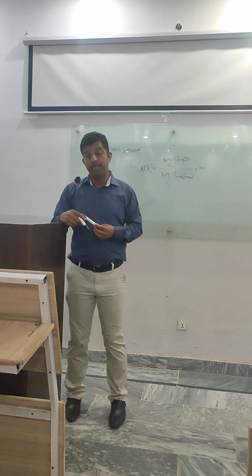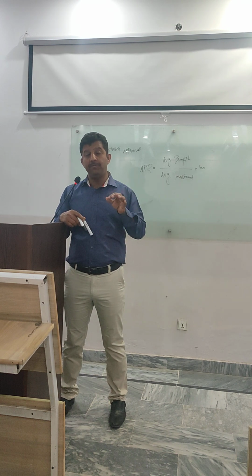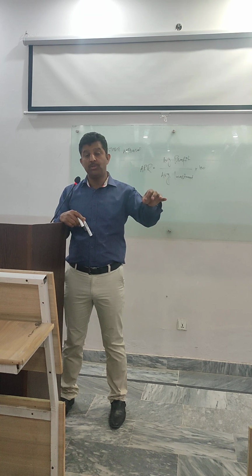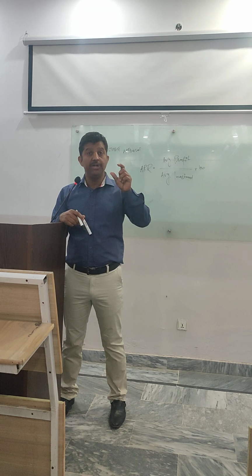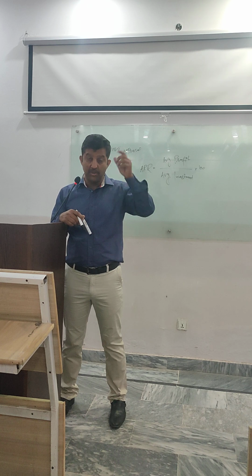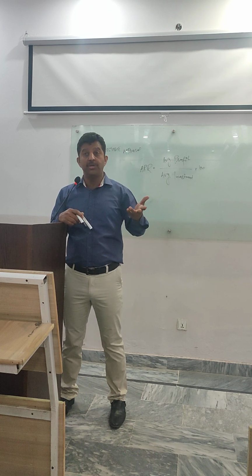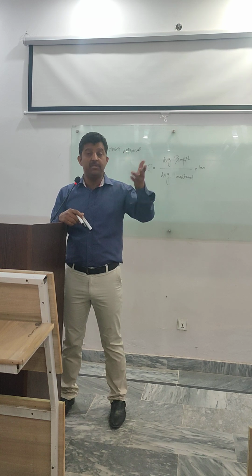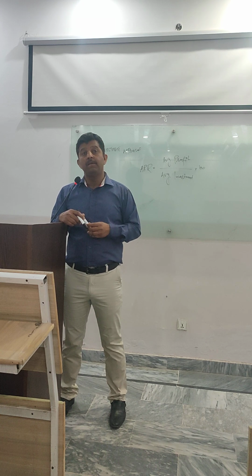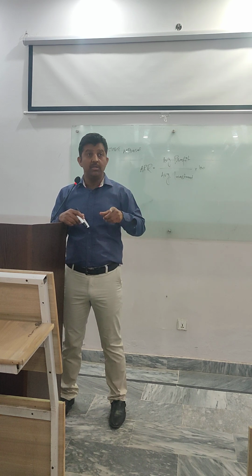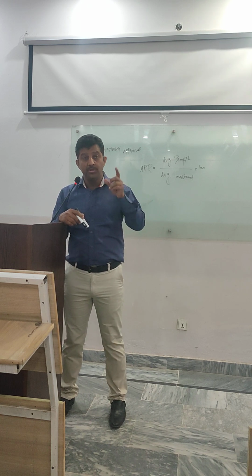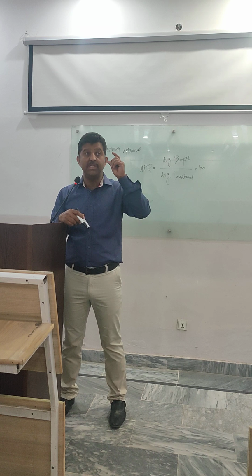So keep in mind one thing, the accounting rate of return calculated for this investment opportunity will be compared with a targeted accounting rate of return. There will be a target in the mind of the business, up to what rate they will accept the investment. They want a return of up to what percentage. For example, in their mind there is a target, they want to earn 20% profit, and they will invest in that option if it gives them 20% profit. So 20% profit is the target.